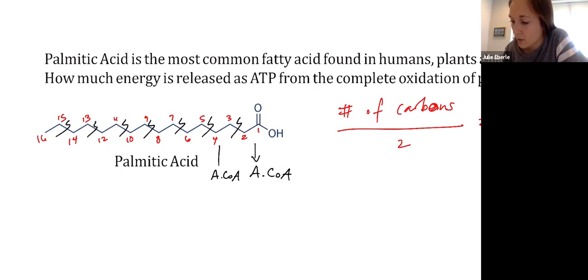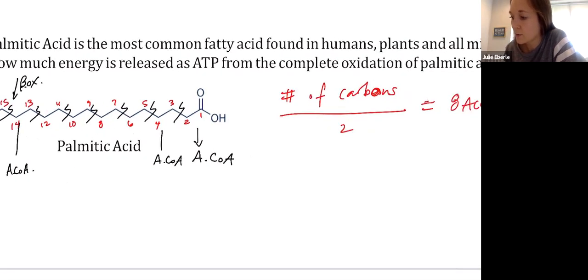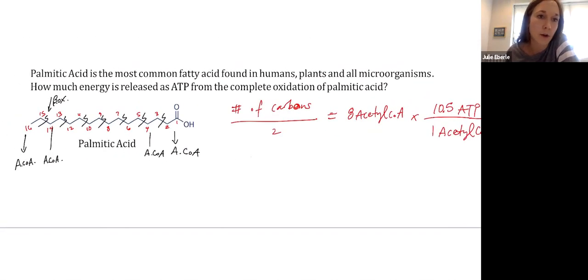On the last run of beta oxidation, we get 2 acetyl-CoA from just one run. So it'll be 7. If you count the number of little lightning bolts I drew, 1, 2, 3, 4, 5, 6, 7. Yes, it's always one less than the number of acetyl-CoA you produce.